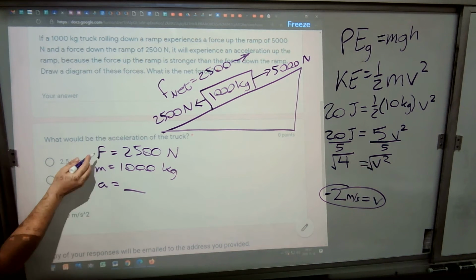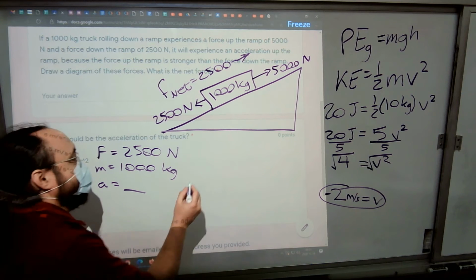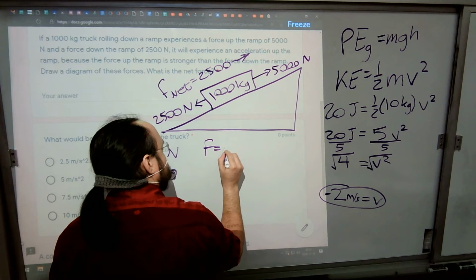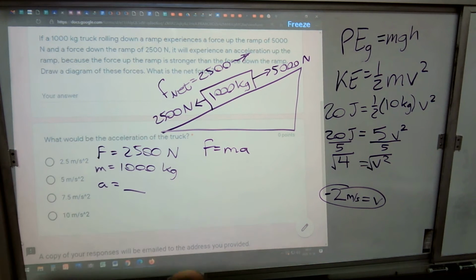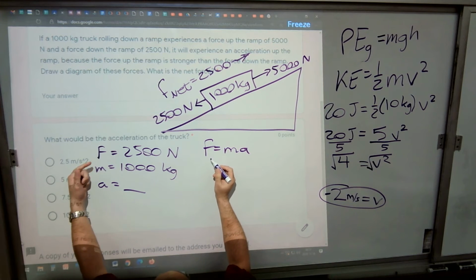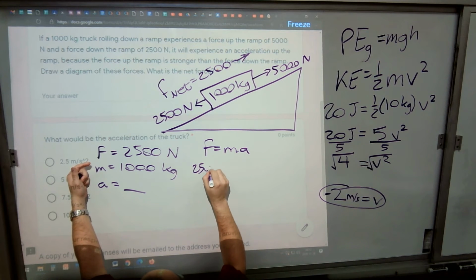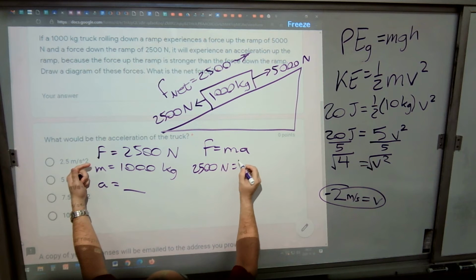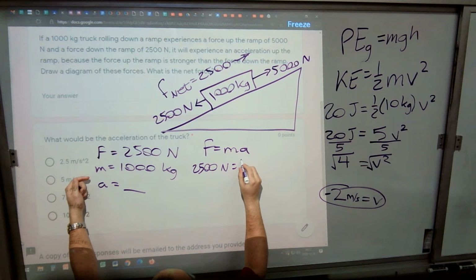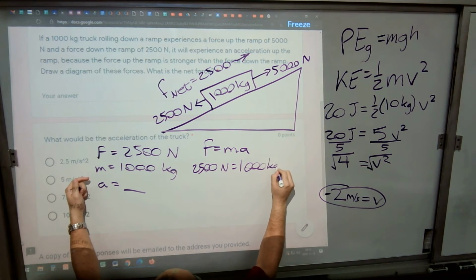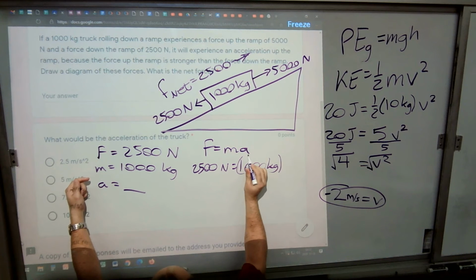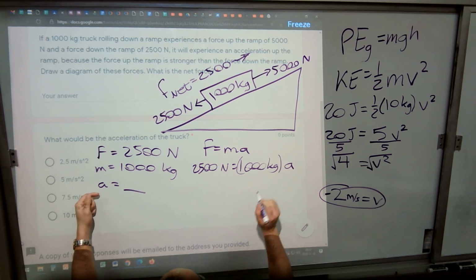So it's got F and M and A. We're going to use F equals MA, like I said at the beginning of the check-in. Force is 2,500. Mass is 1,000. And A is what we're looking for.